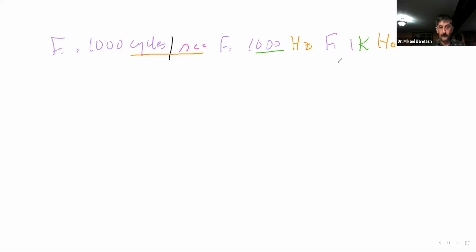Or 1 times 10 raised to the power 3 hertz.